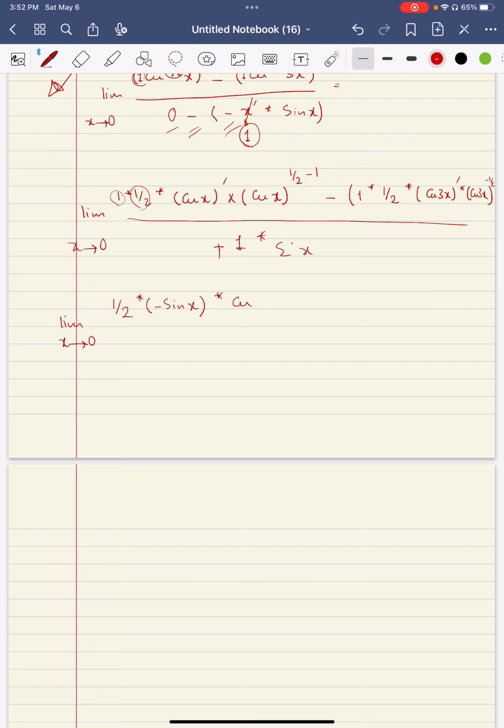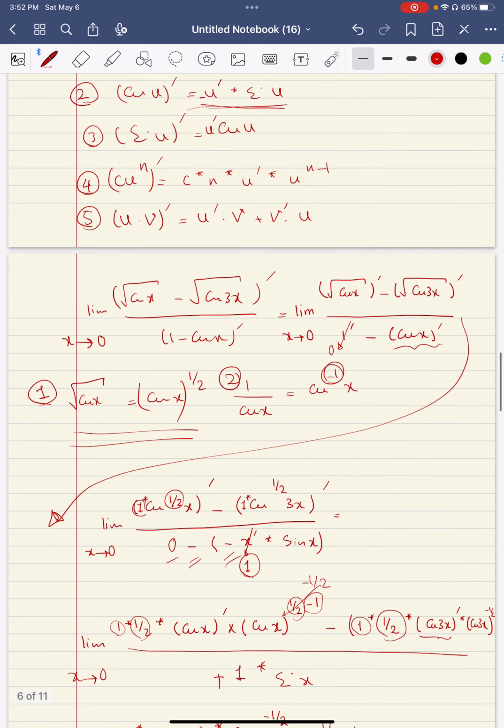So it would be cosine x to the power of negative 1 over 2. 1 over 2 minus 1 is negative 1 over 2. Minus 1 times 1 over 2 is 1 over 2 times cosine 3x.